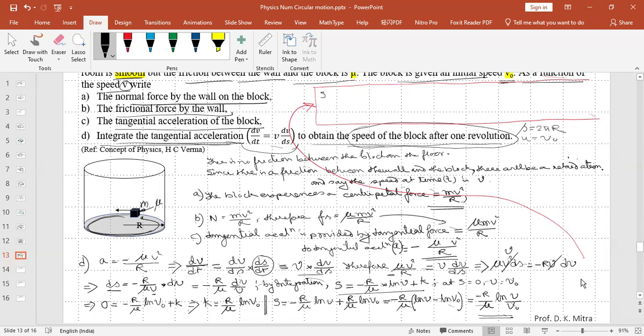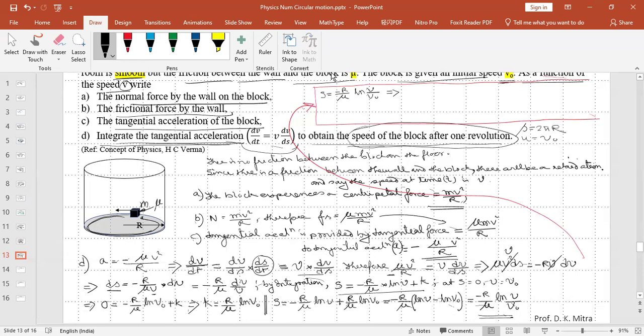That will be easier. s equal to minus r by mu, natural log of v by v0. From here, what I find?